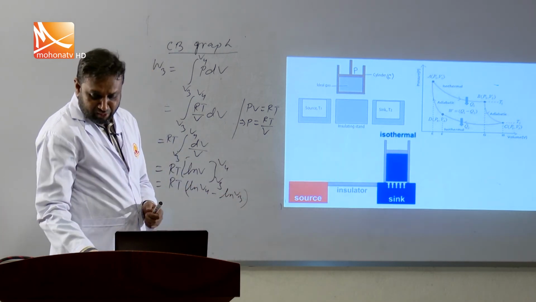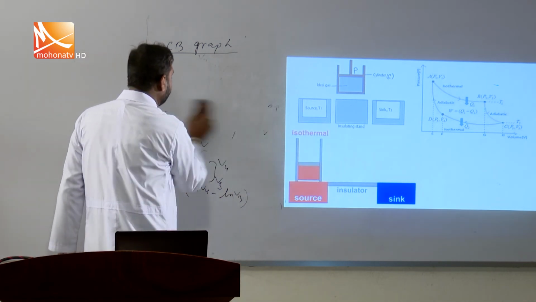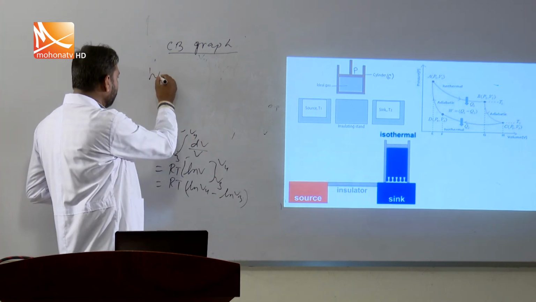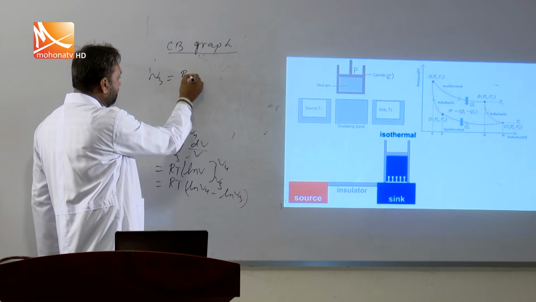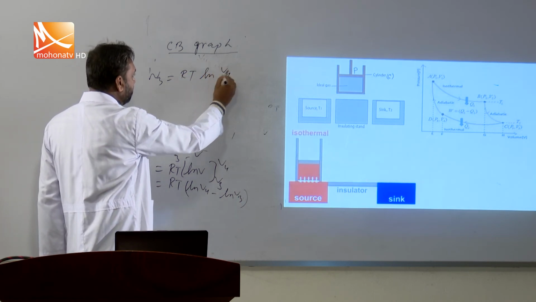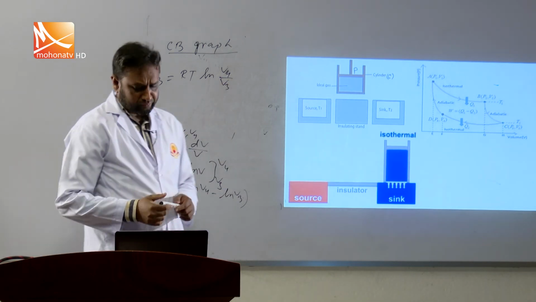Since you know minus logarithm, we can write it in division form. Finally, the work done in this process, W3, equals RT into ln V4 divided by V3. Okay.